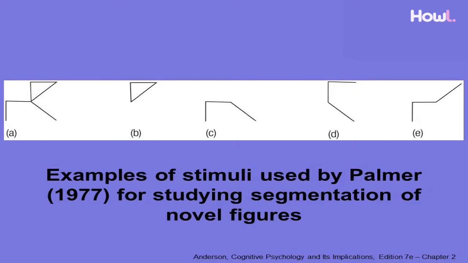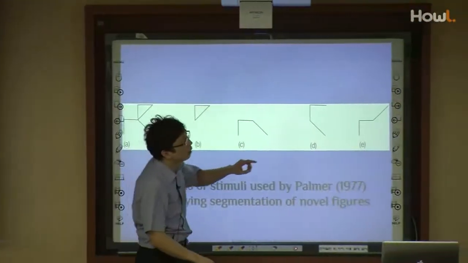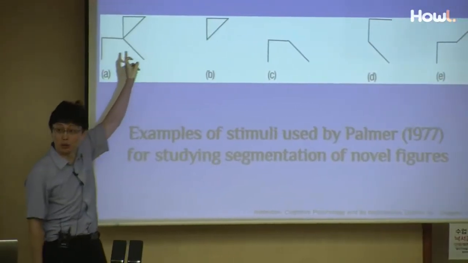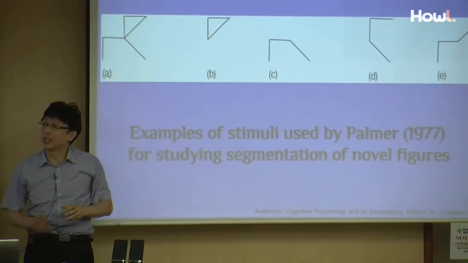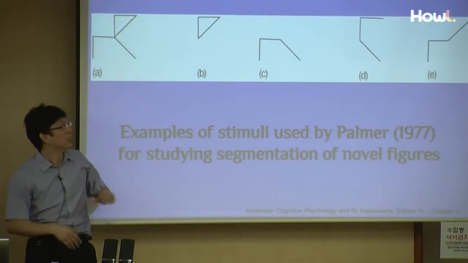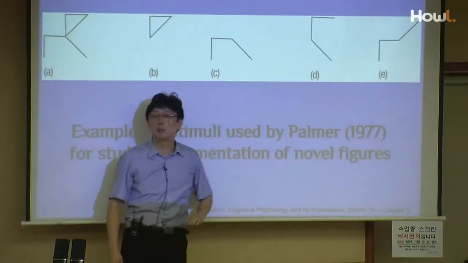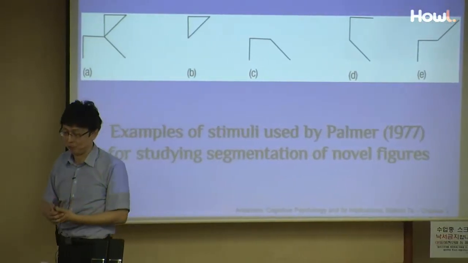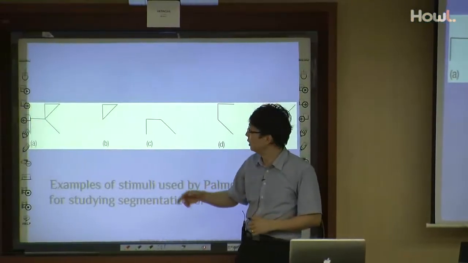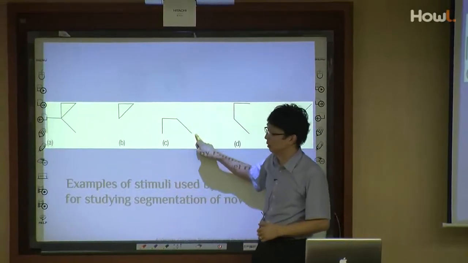When this picture is shown to the participant, and then sometime later, the participant is asked whether they have seen either this or this picture. We asked them and found that many people recognize they have seen this part and this part.